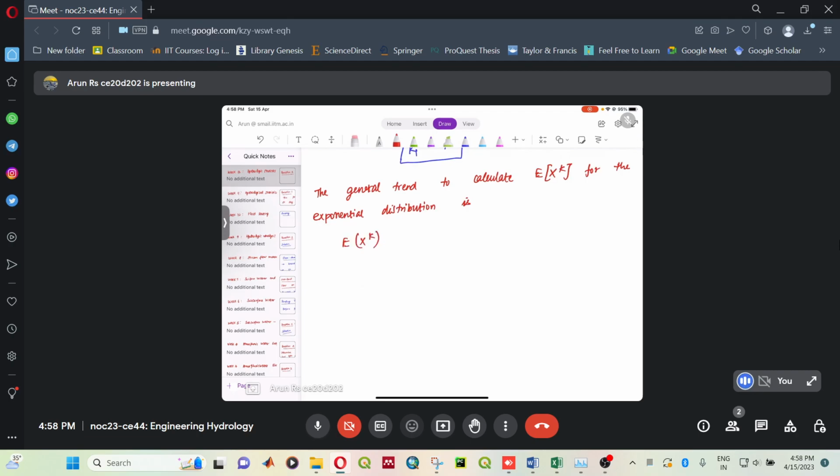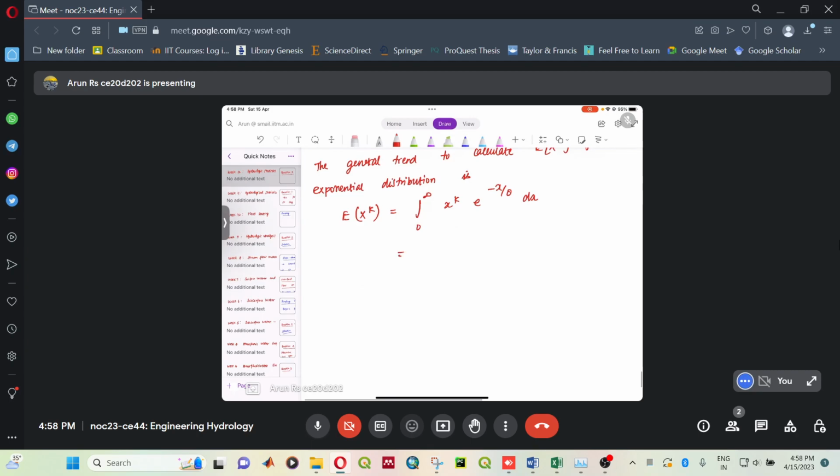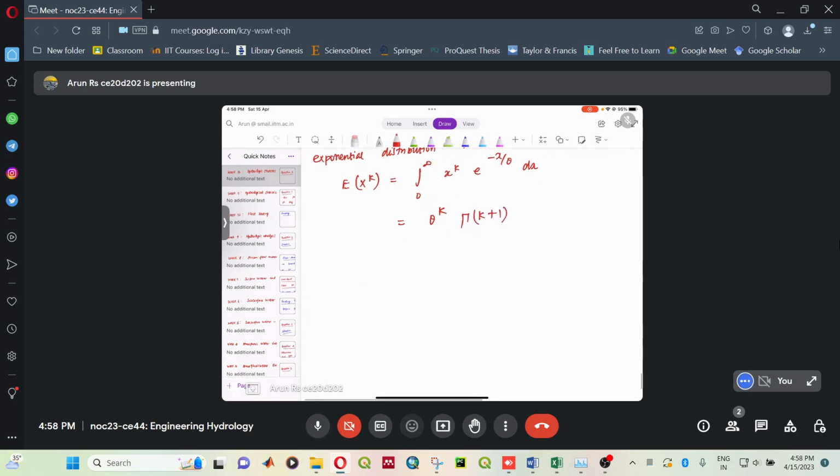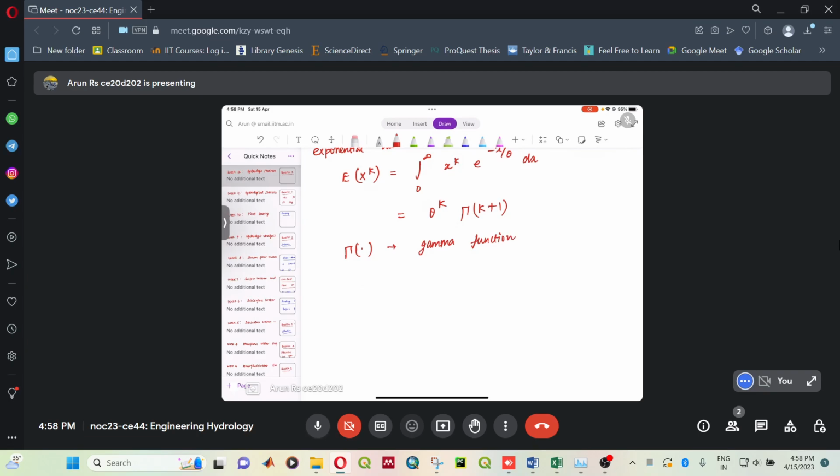So E of x power k can be written as integral 0 to infinity x power k e power minus x by theta dx, and this can be simplified as theta power k into gamma function of k plus 1. So gamma denotes the gamma function.